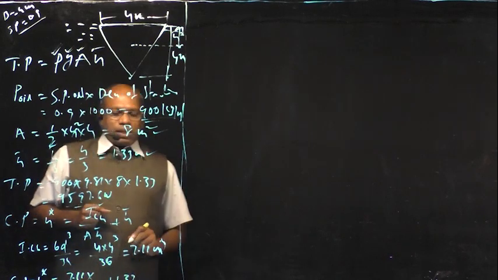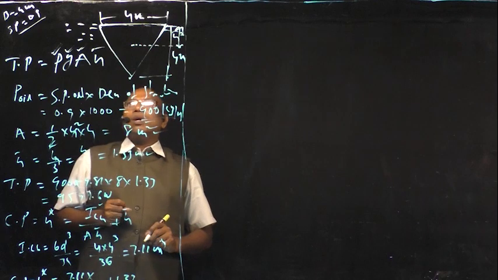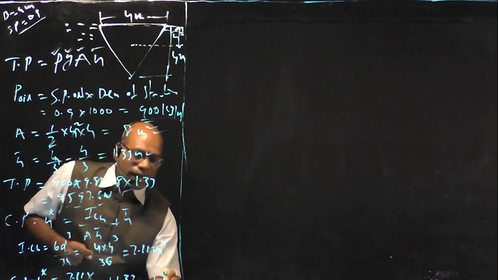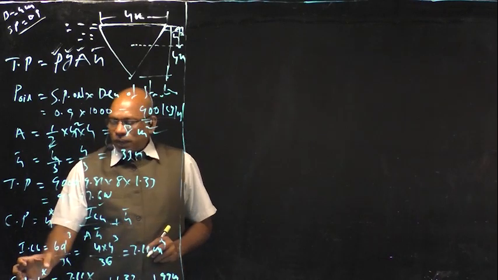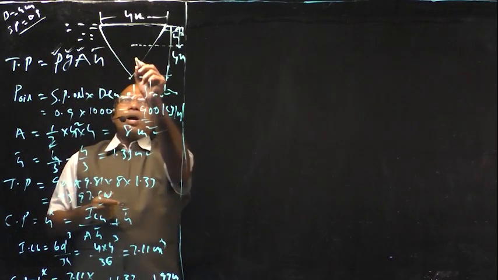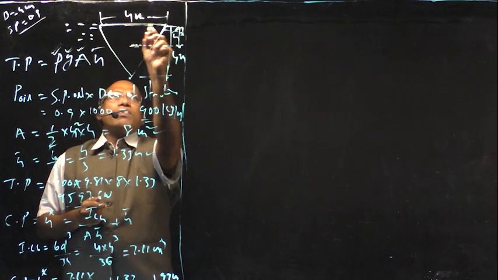Therefore, center of pressure or H star is equal to 1.99 meters.